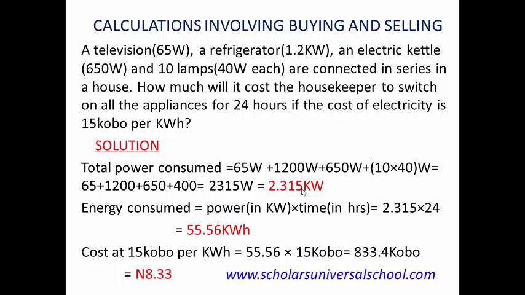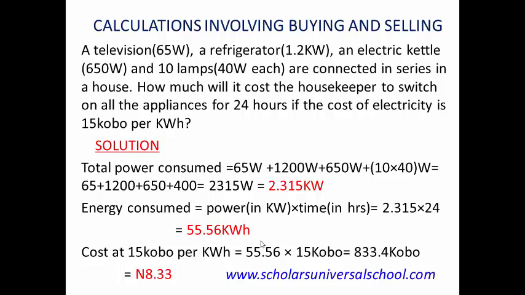The person consumes 2.315 kilowatts for 24 hours, so we multiply by the number of hours he used. So I have 2.315 times 24 hours, and the energy consumed for the whole day is 55.56 kilowatt hour.